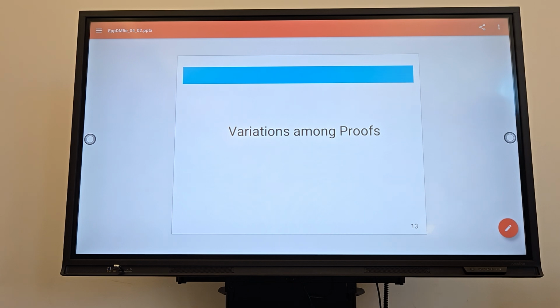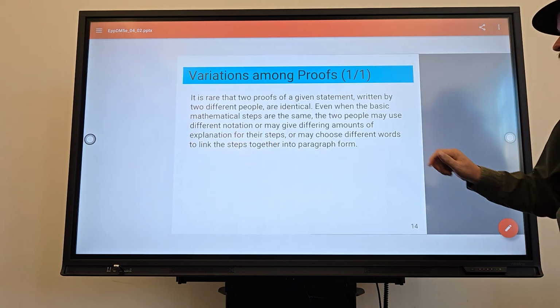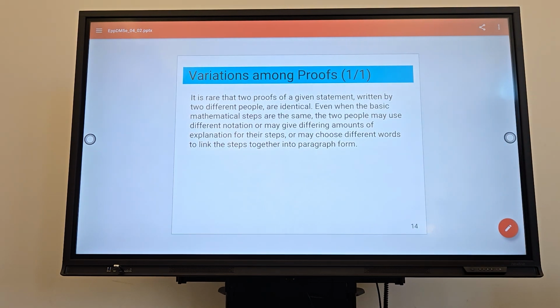Now for variations among proofs. Everybody's different. Simple as that. How you prove one thing is going to be different from how the next person might prove the same thing. Even though the mathematical principles may be the same, how it's presented is going to be different.